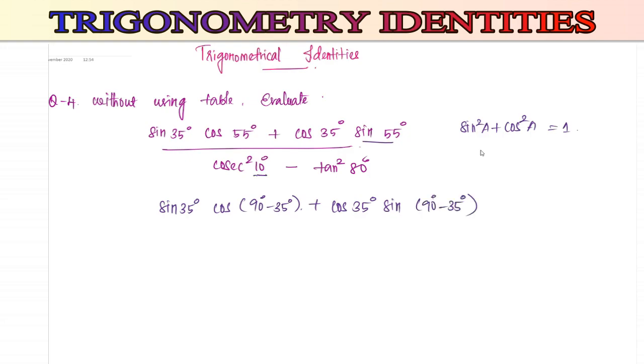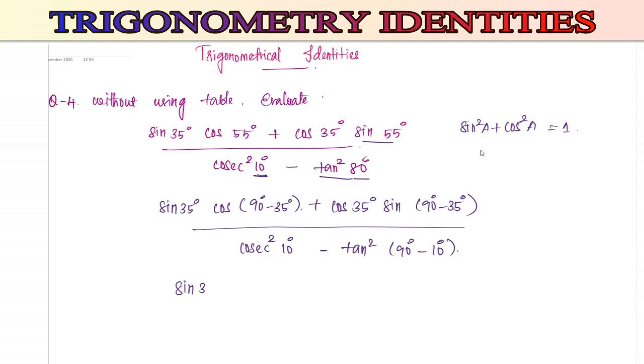If you add 10 plus 80 we are going to get 90, and here also let it be cosecant square 10 degree minus, and this tan square 80 degree I am going to make as tan square of 90 minus 10 degree. So cos 90 minus a, the value will be sin a.